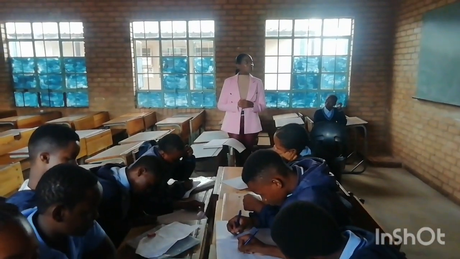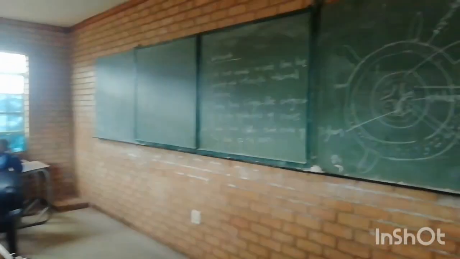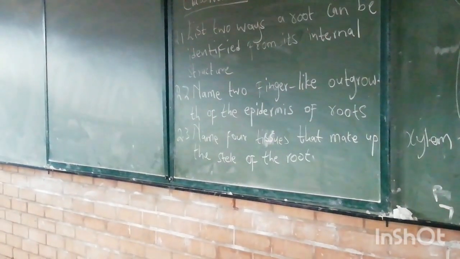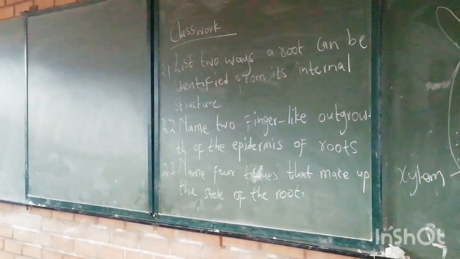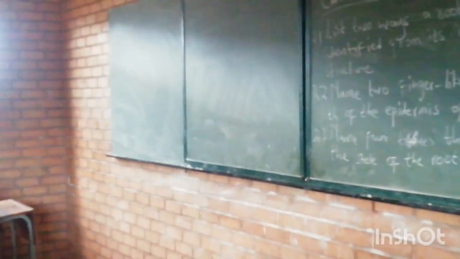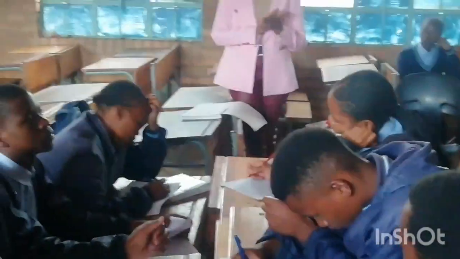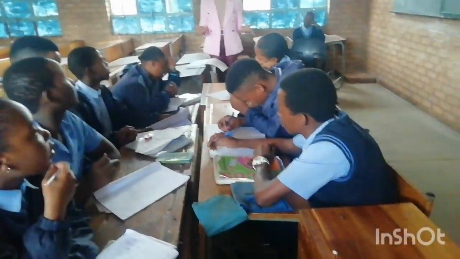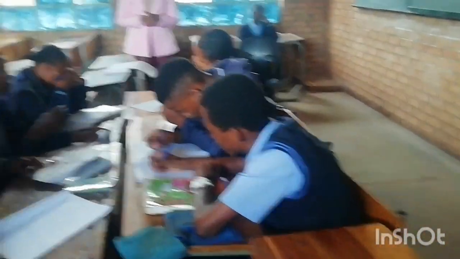Then question 2.2: name 2 finger-like outgrowths of the epidermis of roots. What are those? Yes? Root hair, that's correct. Another one?